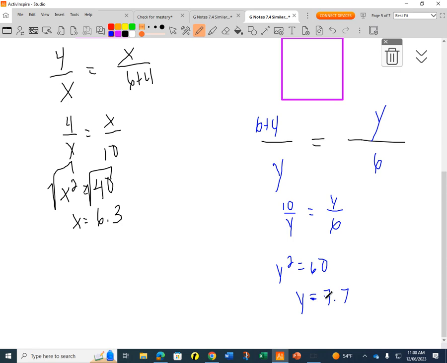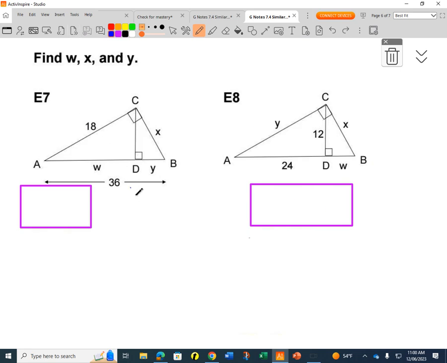The next two examples, you're going to have to find multiple different missing measures of these figures. So the trick is, looking at example 7, the directions say find w, x, and y. Remember those represent lengths. Looking for our means first.